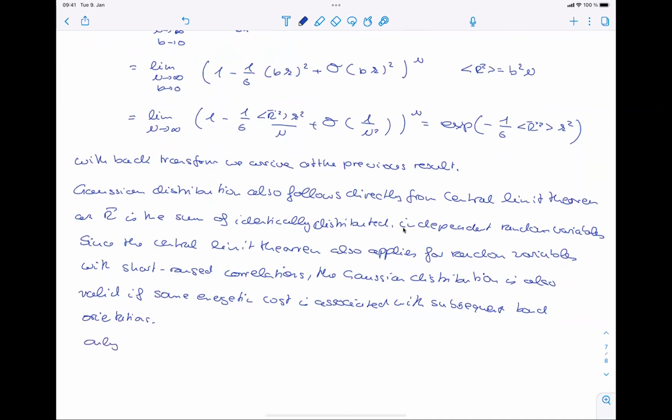We only need n large. So this is a very universal law, and it justifies our simple model.